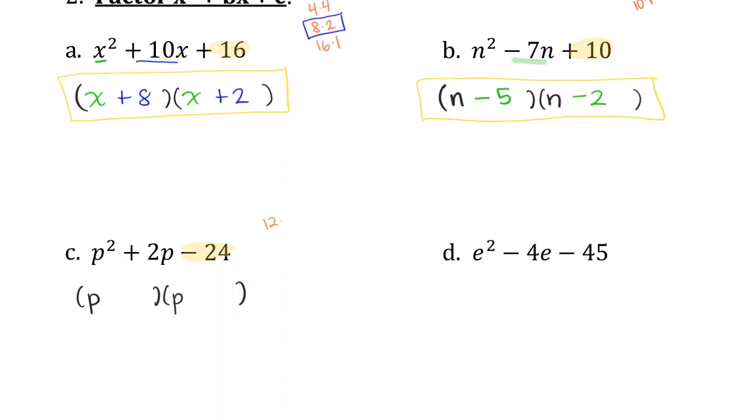So 12 times -2. 12 minus 2, is that, no. How about 8 times -3? 8 minus 3 is 5, that's not right. How about 6 times -4? 6 minus 4 is 2, and that's what I have here, 2p. So this is a +6 and a -4.